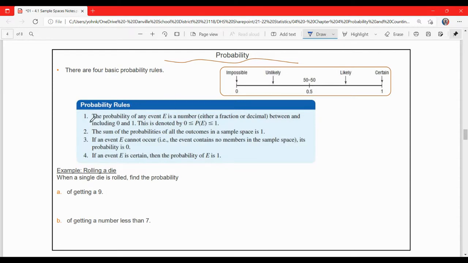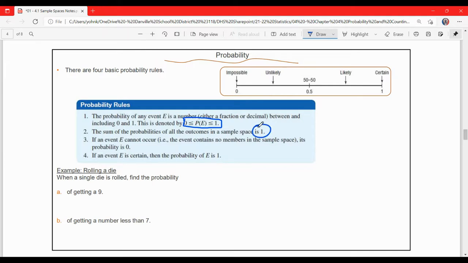One of the four rules of probability is that the probability of any event E is a number, either as a fraction or a decimal, between and including 0 and 1. So probability always has to be between 0 and 1, no bigger, no smaller. Number two, the sum of the probabilities of all the outcomes in a sample space is equal to 1.